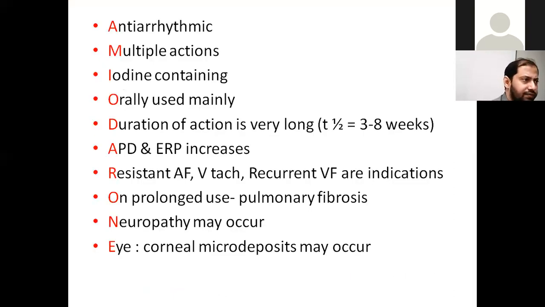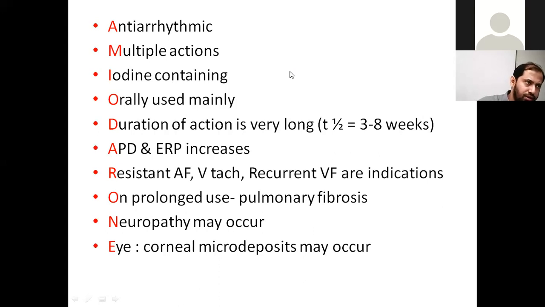And like we have discussed the mnemonic of lignocaine, this is the mnemonic of amiodarone, in which A stands for antiarrhythmic drug, M stands for multiple actions. You all know that this drug, specifically amiodarone, has multiple mechanisms of action, as well as it is iodine containing. It can be used orally, and the duration of action is very long, about 3 to 8 weeks.